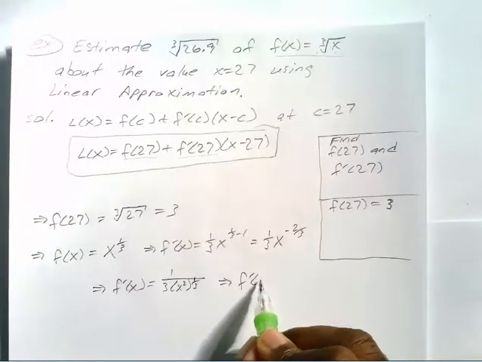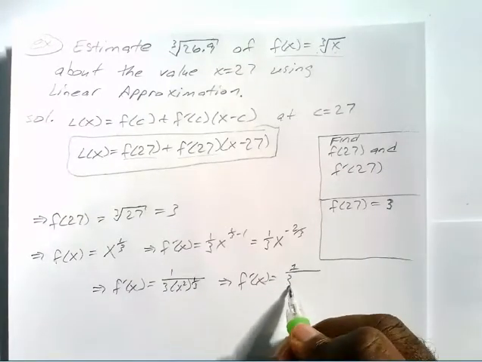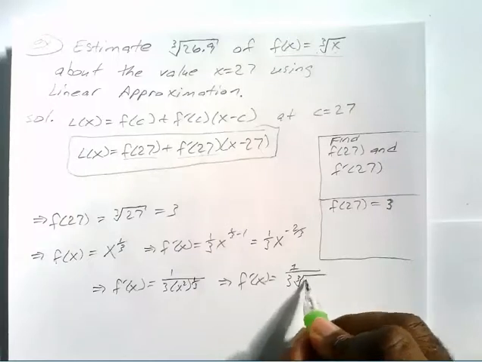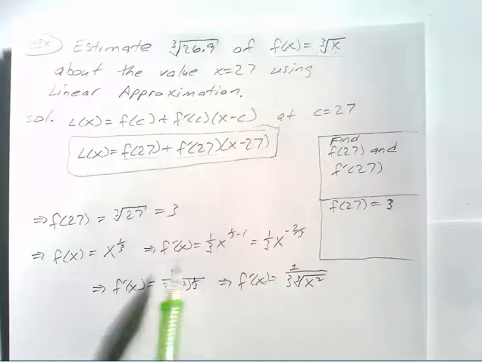Or f prime of x is equal to 1 over 3 times the cube root of x squared. We found our derivative, so now all we have to do is plug in our 27.